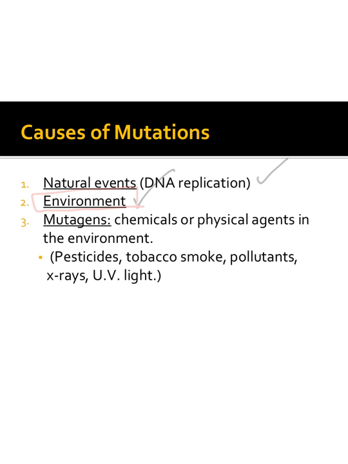And finally, we have what we call mutagens. Mutagens are chemicals or physical agents in the environment. A few examples: pesticides, tobacco smoke, pollutants, X-rays, and UV light.